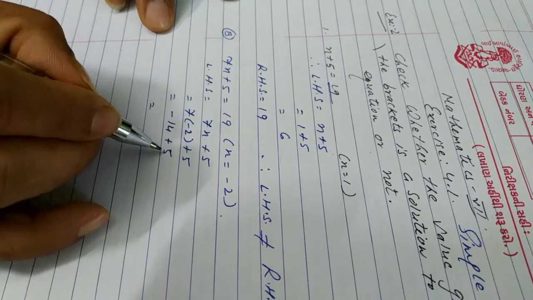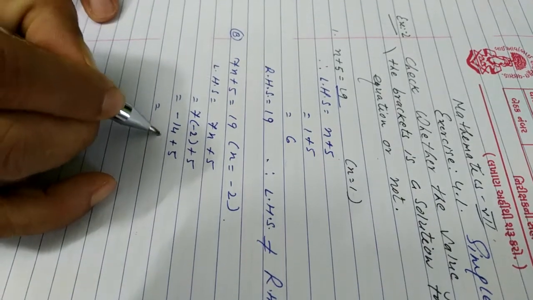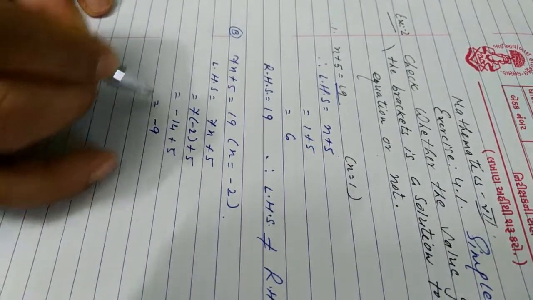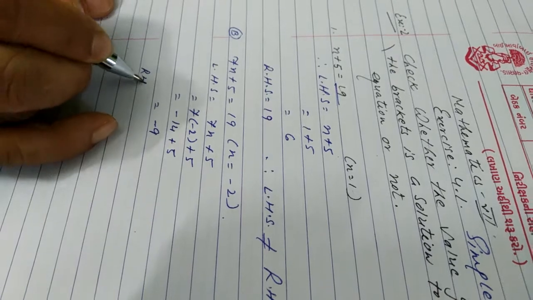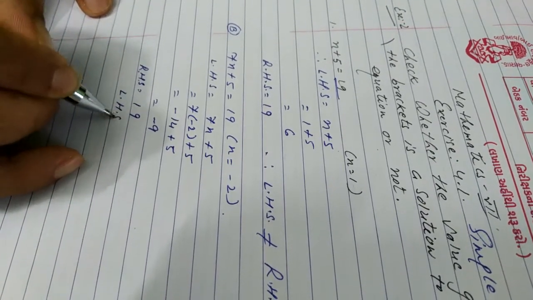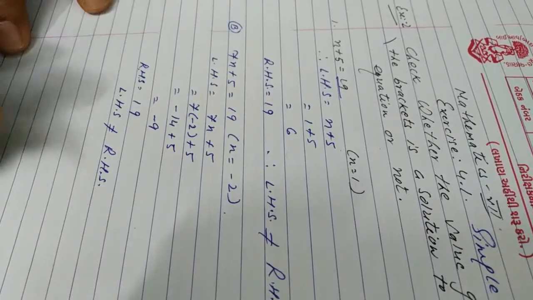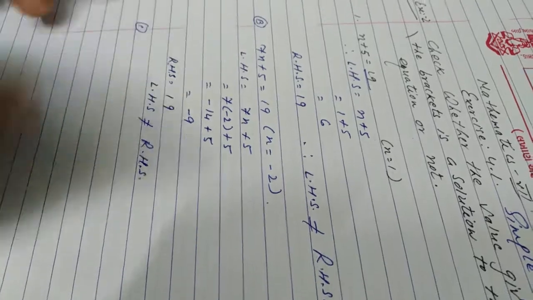So minus plus, what? Minus. 14 minus 5, 9. Minus 9, right? RHS, what is given? 19. Therefore again here LHS is not equal to RHS.